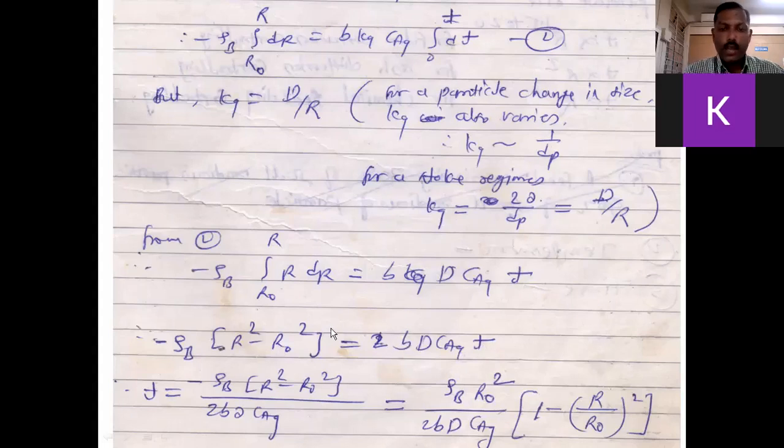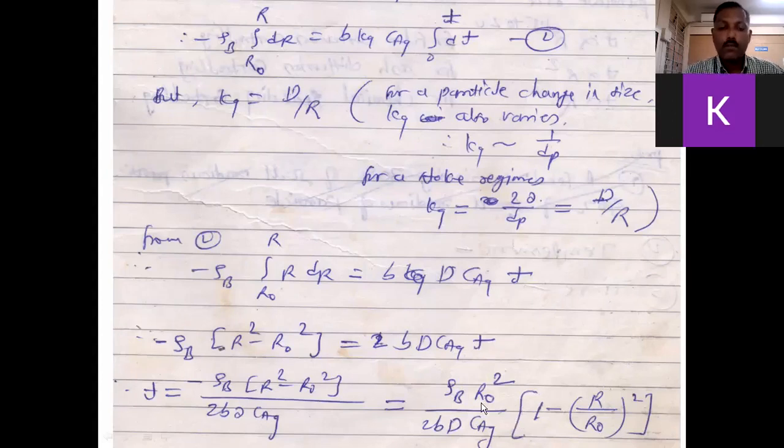Then solving this equation, we calculate t equal to minus rho b into r square minus r naught square upon 2b into D into Cag. Taking the common term, rho b into r naught square upon 2b into D into Cag, in brackets 1 minus r upon r naught square. This equation will be formed. So this t is the time required.